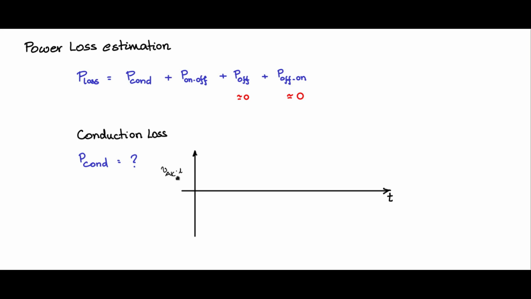So VAK into IAK, the voltage across the diode, anode to cathode, and the current through the diode, IAK, instantaneous multiplication gives this kind of a waveform. So having divided this into these segments, this is the on time, this is the off time, this is the on time, this is the off time, and the cycle repeats. One on time and one off time makes a switching period.